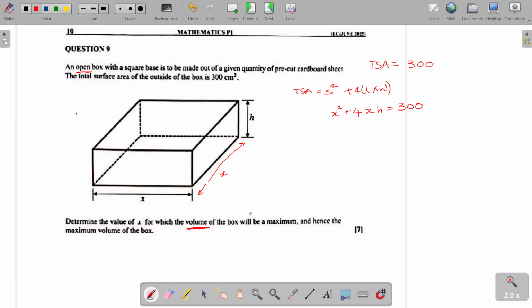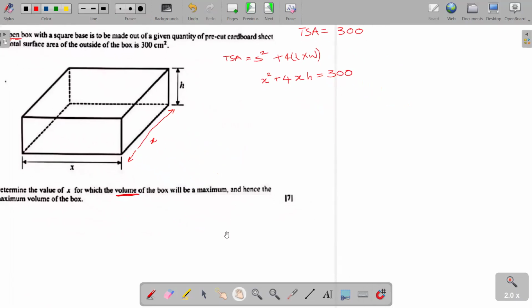So the question is asking about the volume. The volume will be equal to base area, which is a square, x squared.